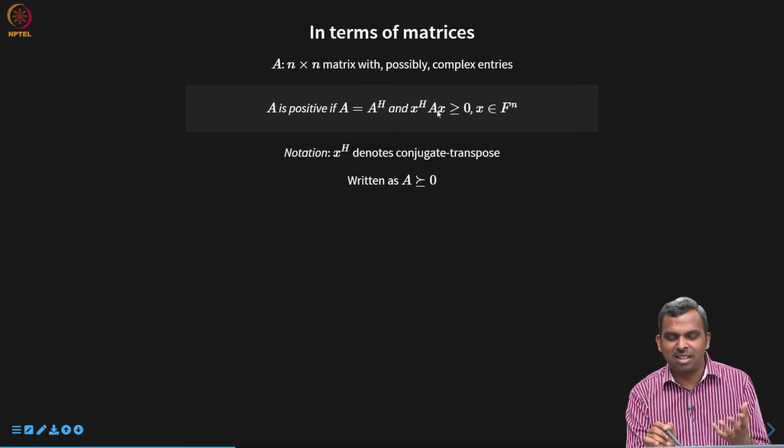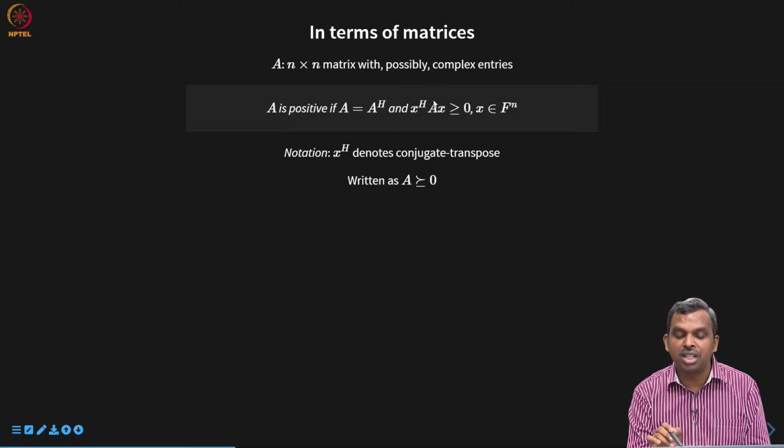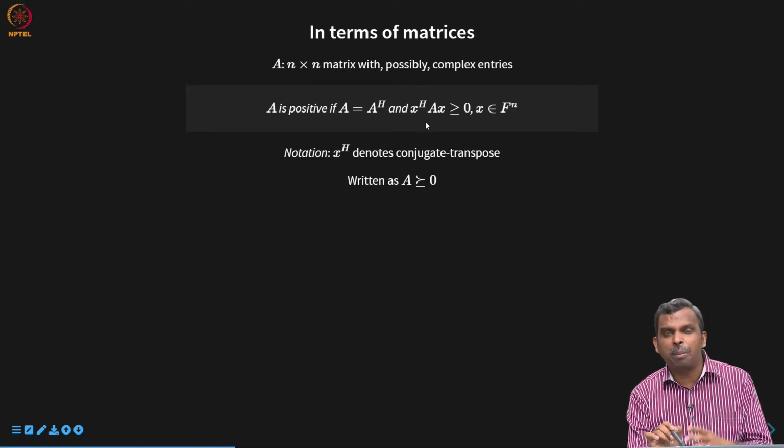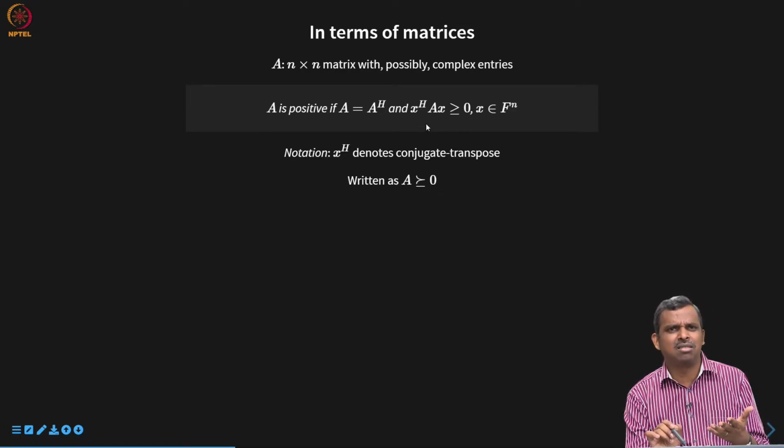It's the same thing; I've just written it down in terms of X Hermitian AX to point out that it's the inner product of this form. This X Hermitian AX is something very interesting. In fact it's called a quadratic form. Later on we will see some applications, but that's what needs to be non-negative. So it's not that the operator itself is positive or takes positive values. What is the meaning of saying a matrix is positive, right? That's not what we are worried about.